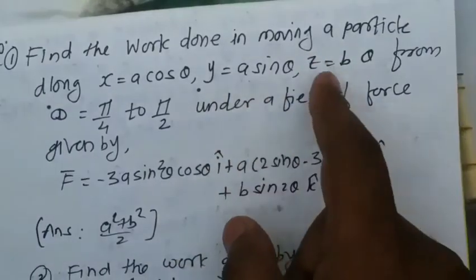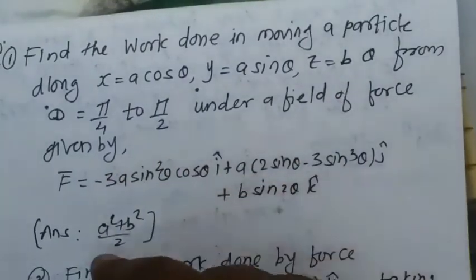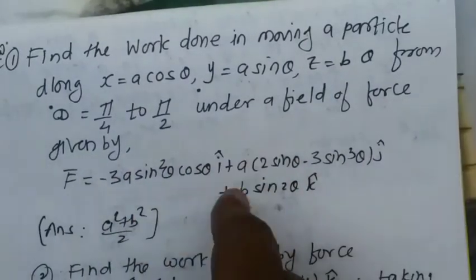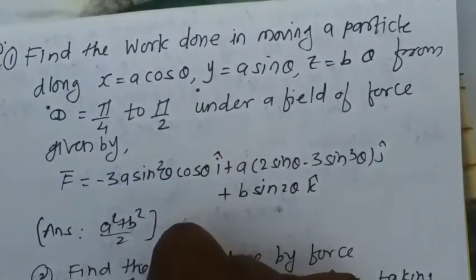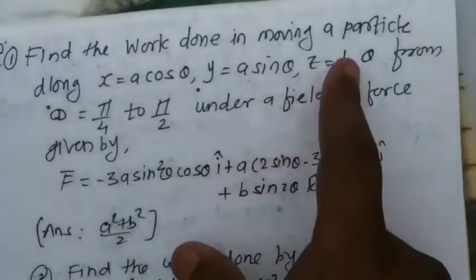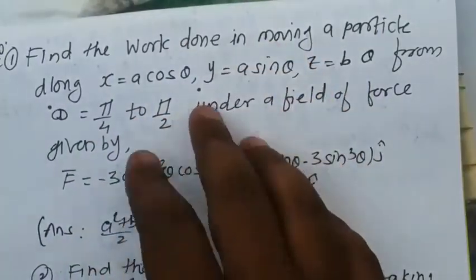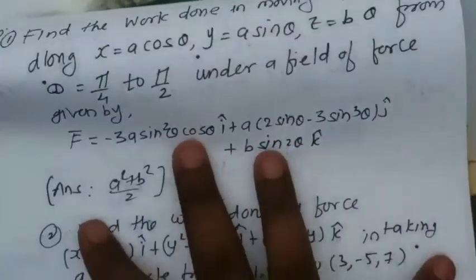For calculating dx dy dz, the values of x, y, z are given. So make use of them and evaluate that integration within the limits pi by 4 to pi by 2, and the answer for this problem is a square plus b square by 2. Here the equation of the curve is mentioned, so it is the first type of example of work done which we have discussed in this video.